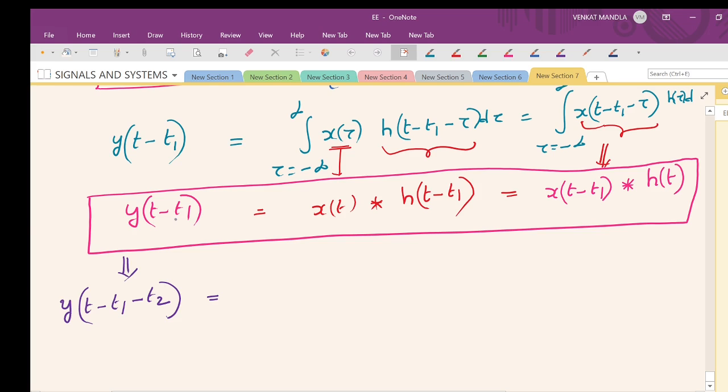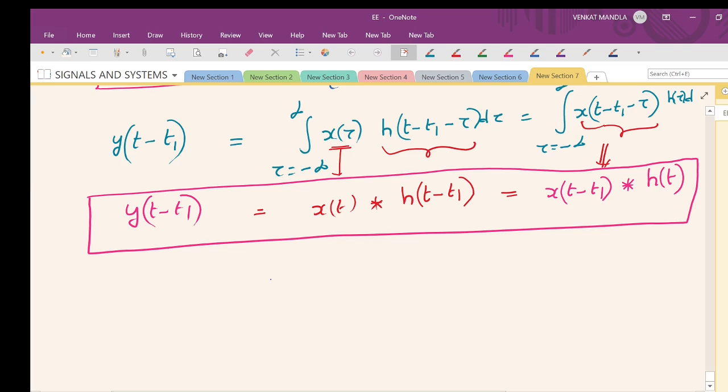I know y(t − t1), then again I have to delay by t2. So first I will delay x(t), x(t − t2) convolution with h(t − t1), or I will delay t2 in the second signal.